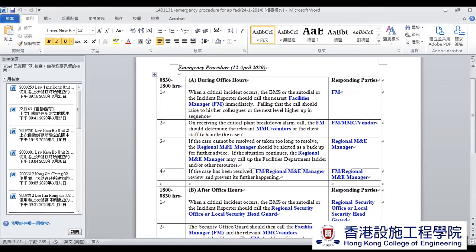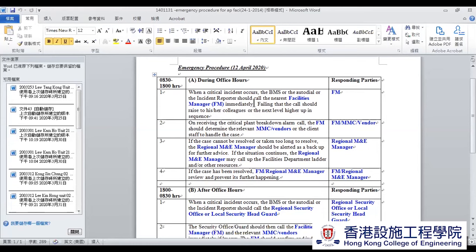The first one is the office times, during office hours. The second one is after office hours, whether it's after 6 o'clock at night until the next morning, or at weekends or at festival times. Now, because a lot of people involved here could be junior people, let's start with item 1 here.